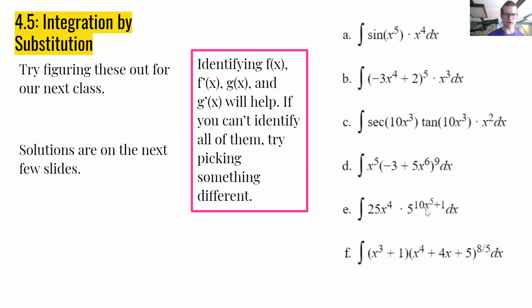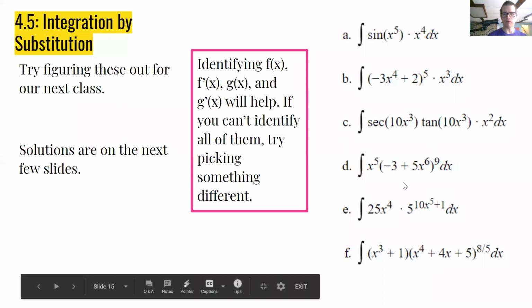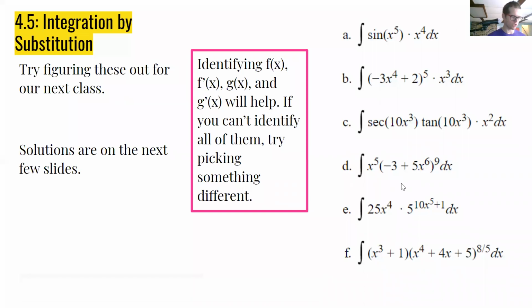If you don't see how E works, that's fine. E's really nice for identifying the substitute, g of x, g prime of x, f prime of x, what all that stuff would be. It's pretty nice for all that, but just remember what the antiderivative of an exponential is. Otherwise, these aren't terrible, but I'll gladly work through whichever ones you'd like after I do the other thing I need to do.